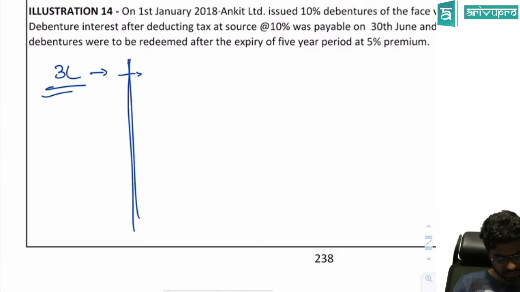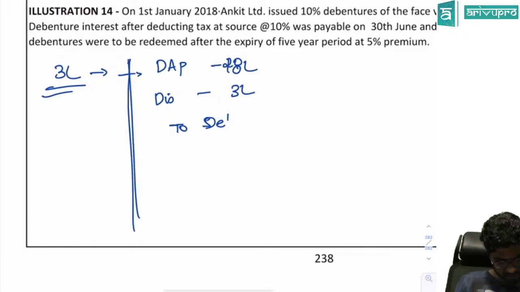What was my journal entry for discount? Guys, again remember: debenture application 18 lakh, discount 3 lakh, to debentures 20 lakh, to premium on redemption 1 lakh.